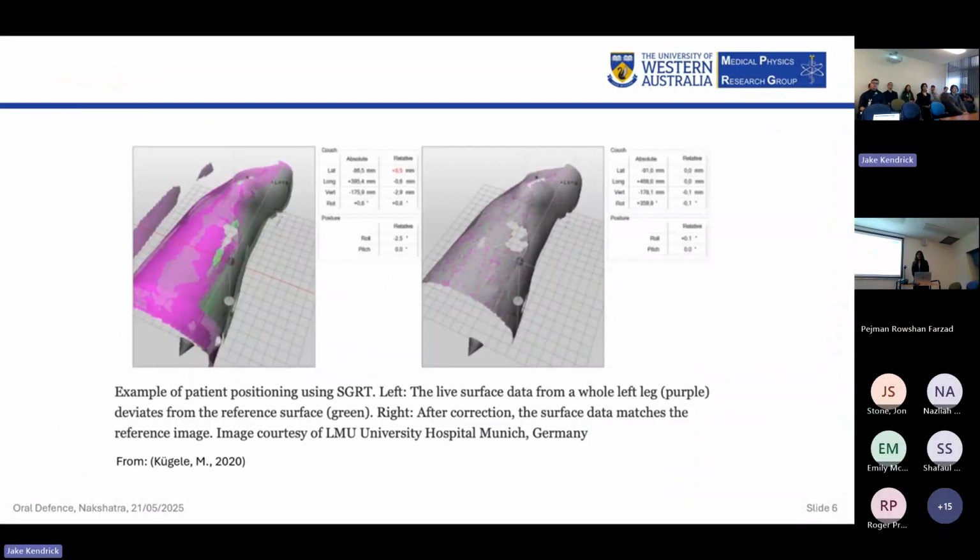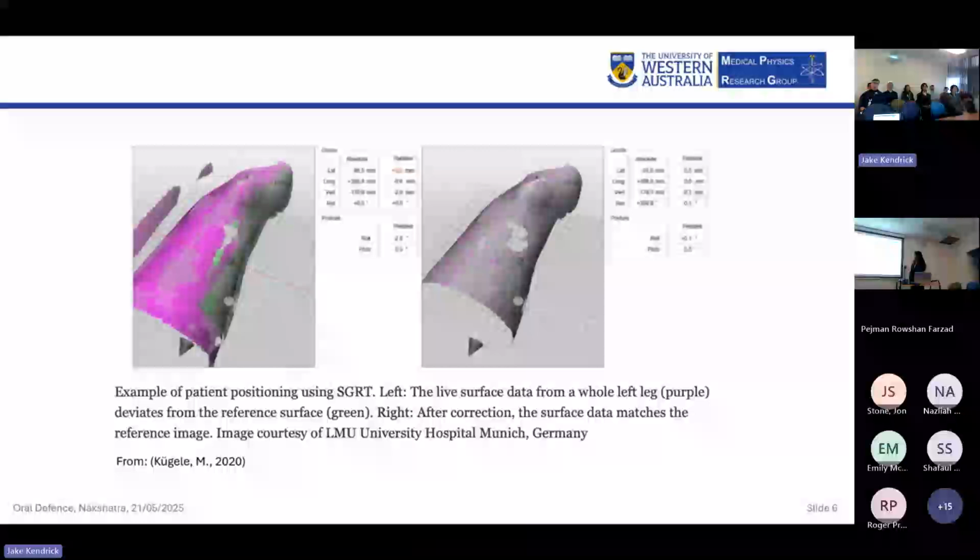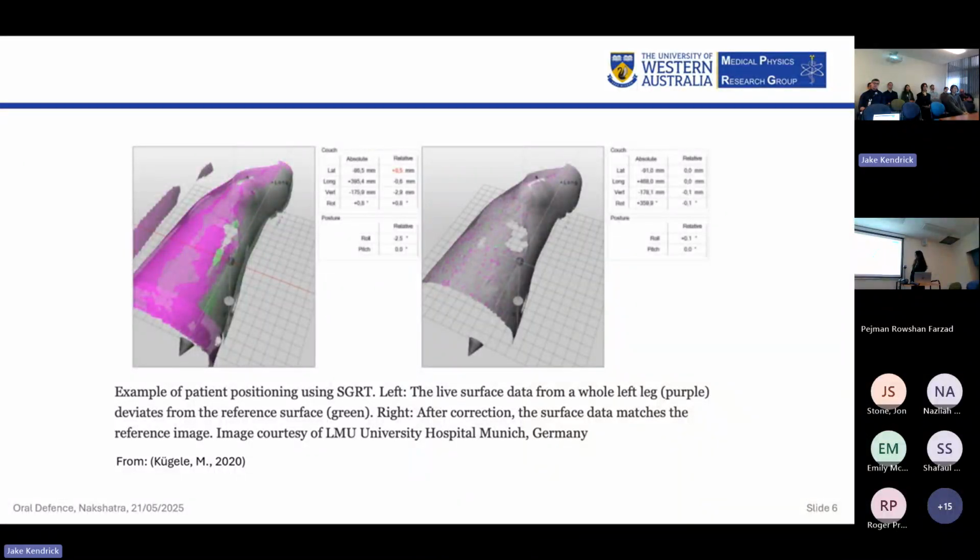To give a better clarity, in this picture, which is of the left leg, on the left picture we can see the green part is the reference image and the purple one is the displacement. And then positional corrections are applied, which can be seen on the right image, where the purple part, which is the displacement, is a lot less than before.